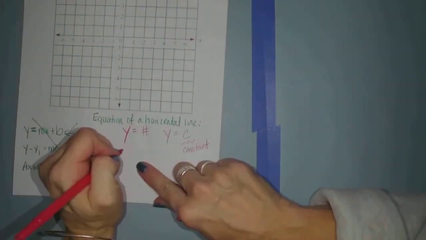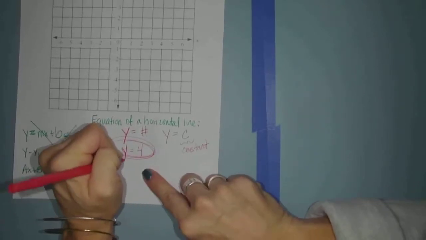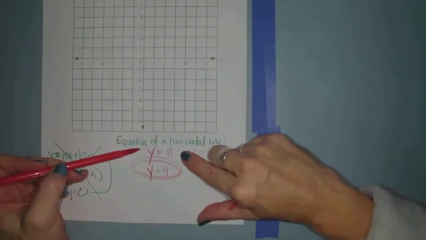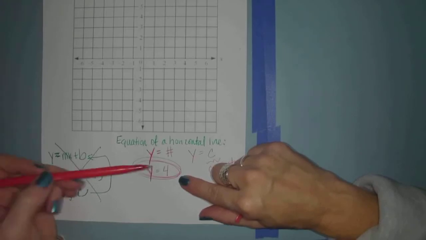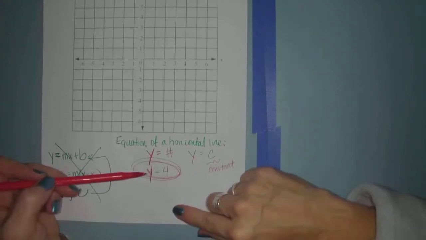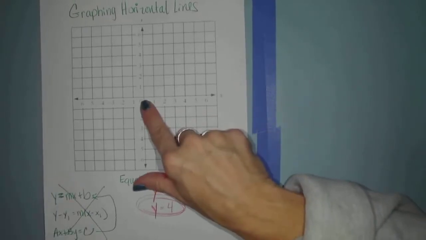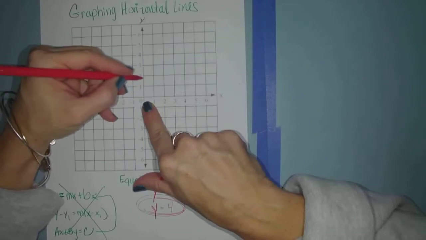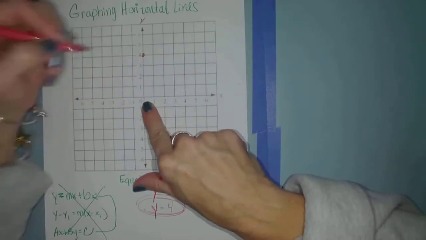So if I gave you y = 4, and I said, what kind of a line is that going to make? You would have this memorized, so you would say, Ms. Callahan, this is going to make a horizontal line. Well, where? How do you draw it? Well, it's this simple. You go to y = 4. So where's y = 4? Here we are at the origin. If you go up the y-axis, this would be y = 4.